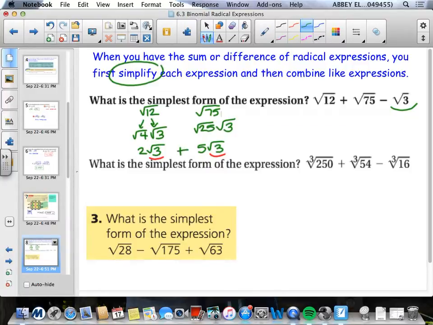So there was a plus in between here, and then minus square root of 3. Well, what's 2 square roots of 3 and 5 square roots of 3? 2 and 5 gives me 7, and then minus, can I say there's a 1 sitting right here? Yeah, I could do that. So 2 plus 5 gives me 7, and then I subtract 1, so this totals to 6 square roots of 3.